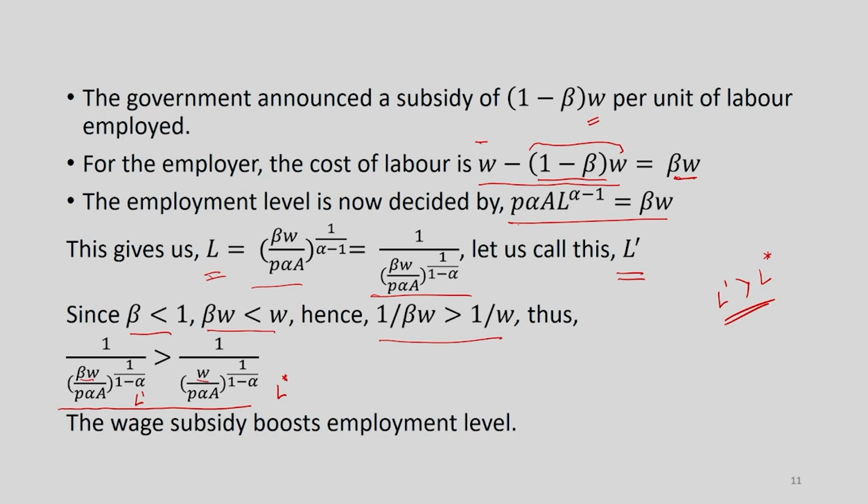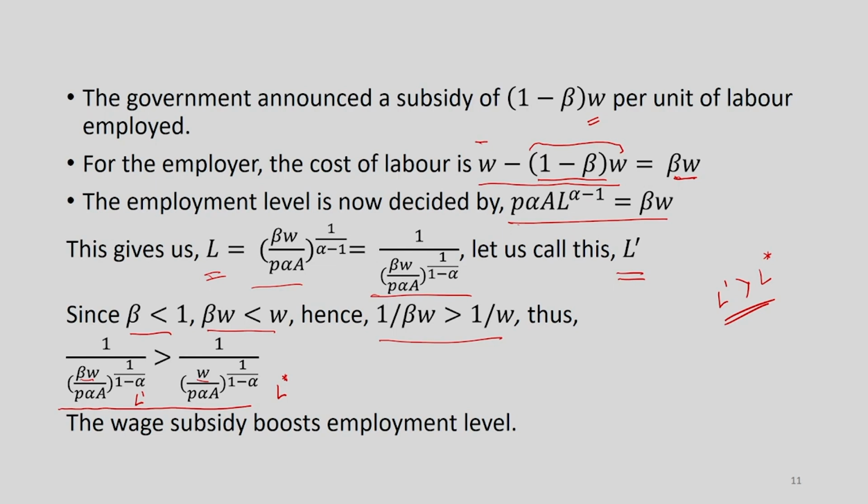So, we have just proved that L dashed is greater than L star, which means that if the government provides wage subsidy to the producer, then the producer actually will raise the employment level.